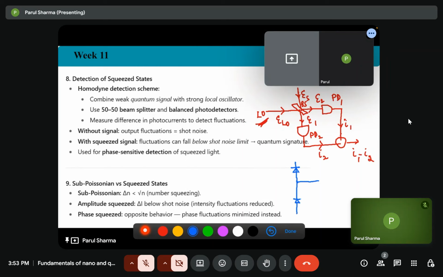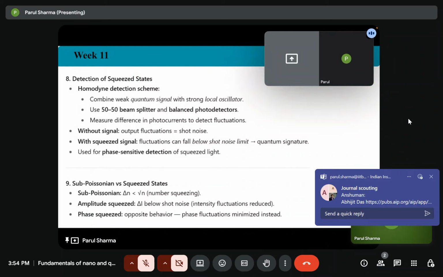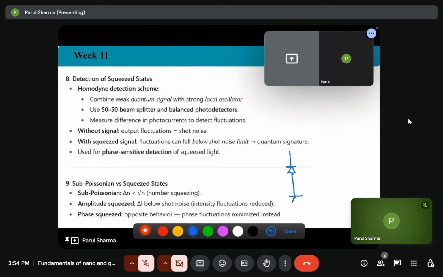This is a capacitor. Here is the minus node, V naught.